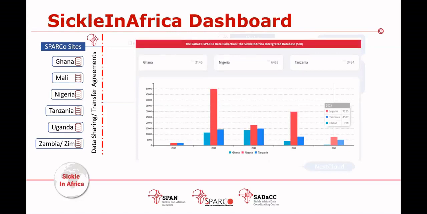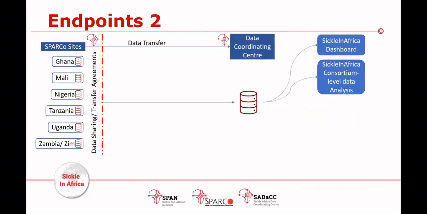So it's just the number. I think it's recruitment numbers over the years. So that's one endpoint. Then another endpoint would be based on the agreements, the kind of consortium level analyses that will take place with a bigger pool of data that then feeds into, I think, the research projects as they have been decided on in various meetings.